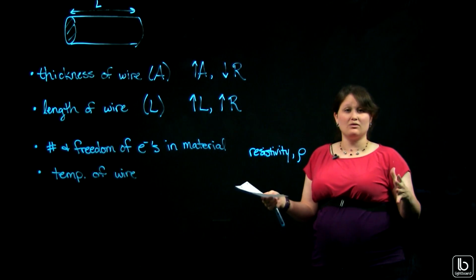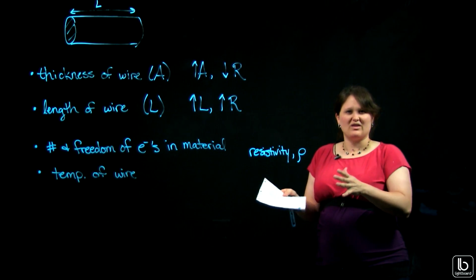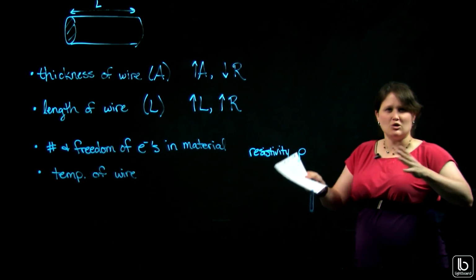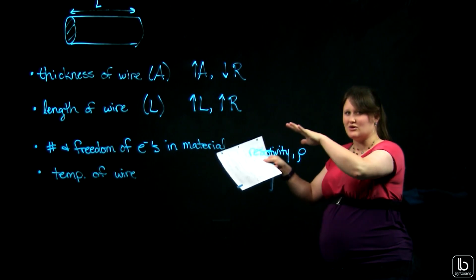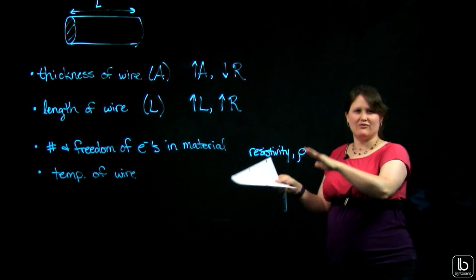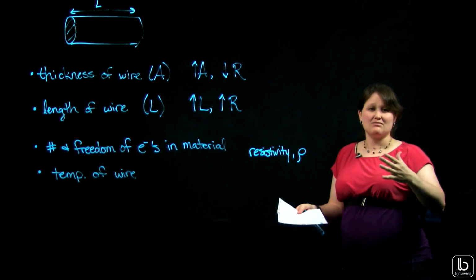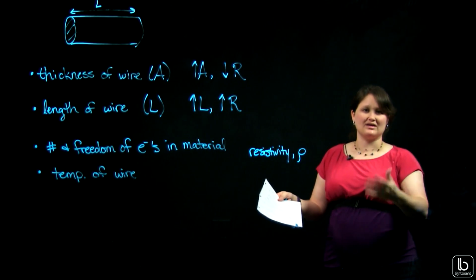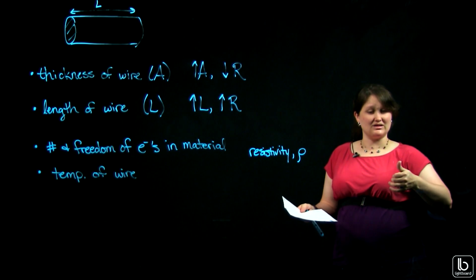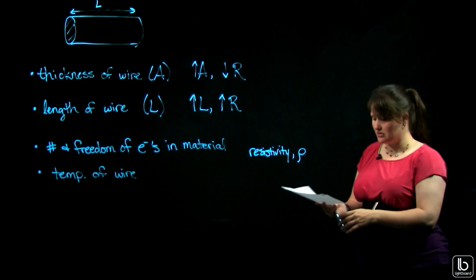And we know that when things heat up, we get lots of motion and vibration going. So if we want to avoid those collisions, we want to avoid those extra vibrations, that means that we want cooler wires if we want less resistance. We get more resistance as the wire heats up.